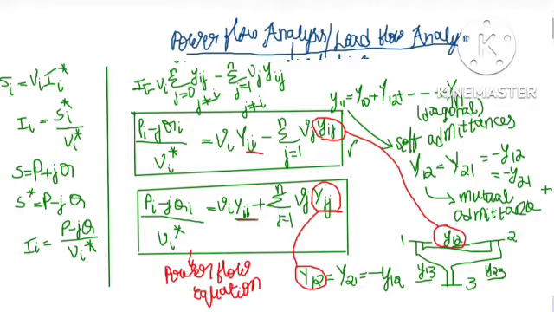We already know the bus building algorithm, how to build an admittance bus. So suppose, for example, Y11 is equal to, how will we write Y11? Y11 can be written as y10 plus y12 plus, and so on, y1n, if it is an n bus system.